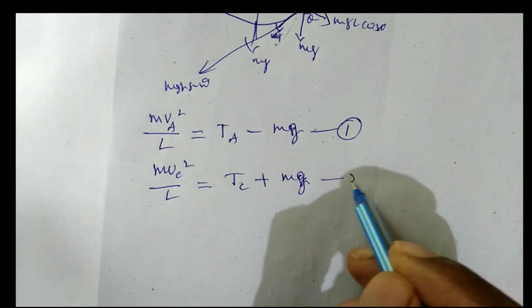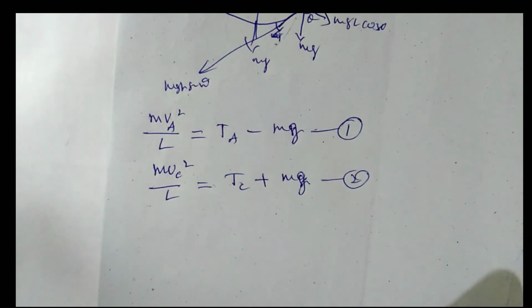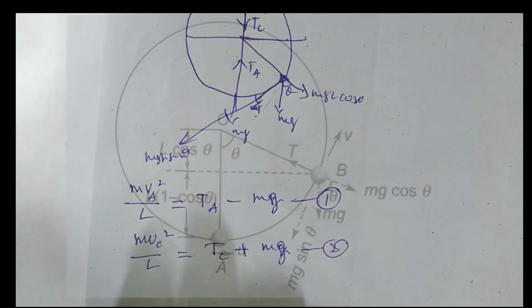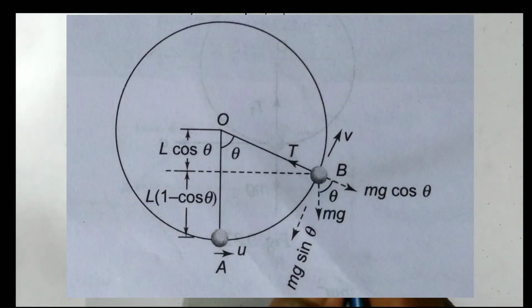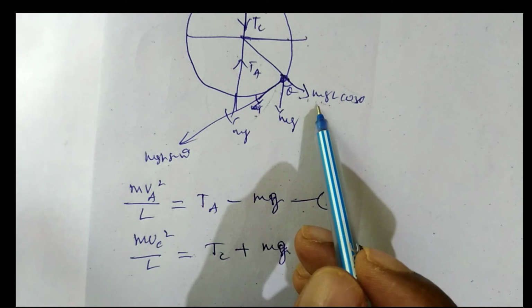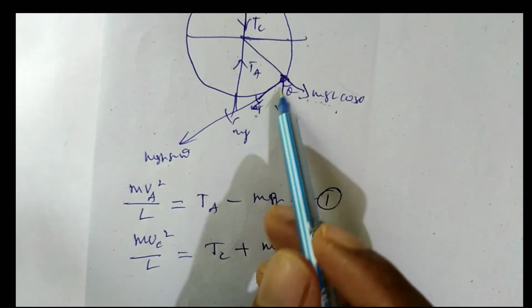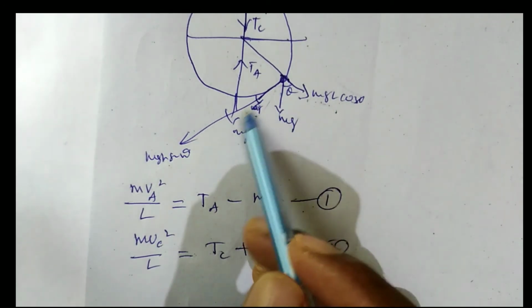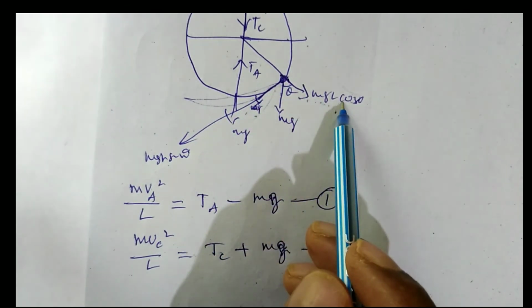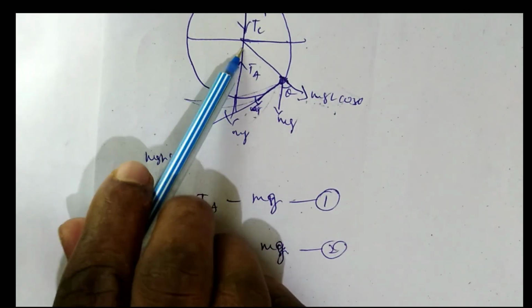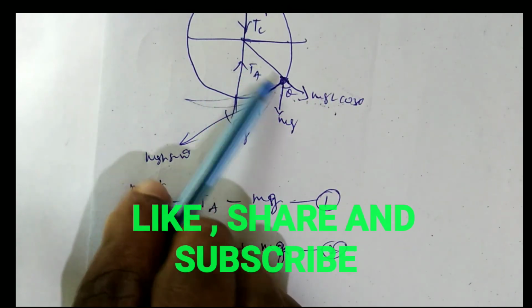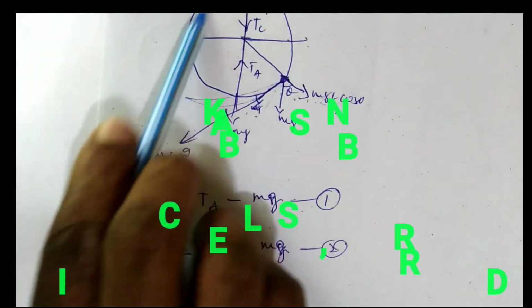These are very important equations to solve any problem. Another thing is that intermediate case, I said this is the intermediate case. So the mg component is resolved into two components, that is mg cos theta and mg sin theta. So mg sin theta is responsible to bring it back, and mg cos theta is responsible for the tension, to keep it on the circular path.